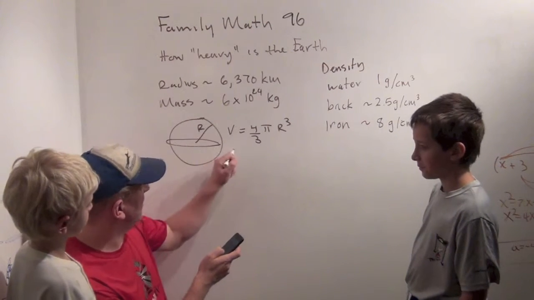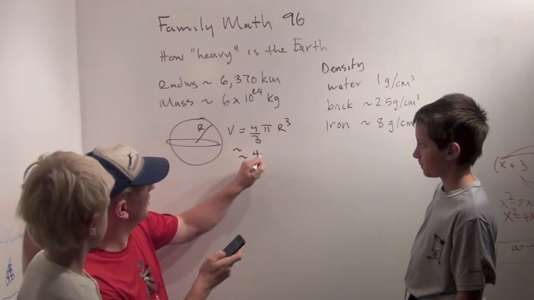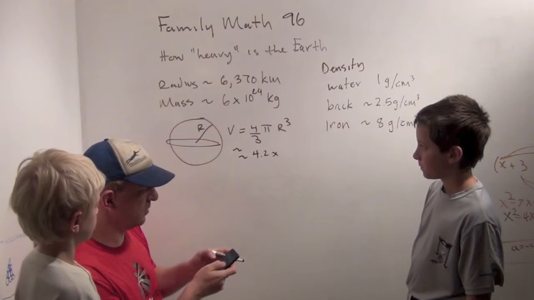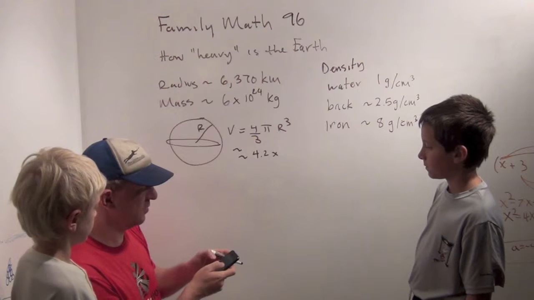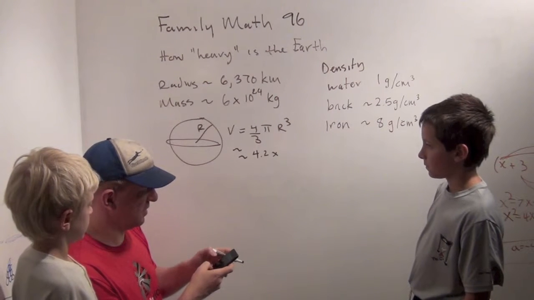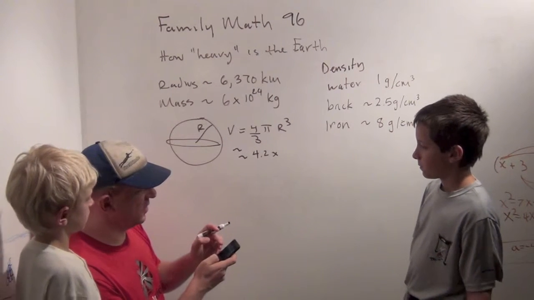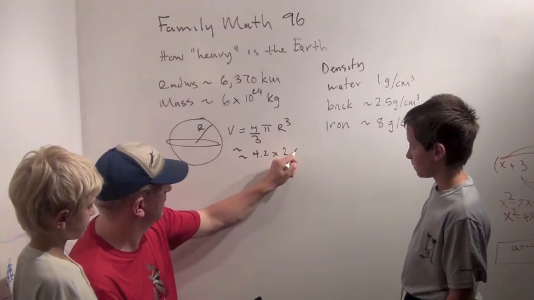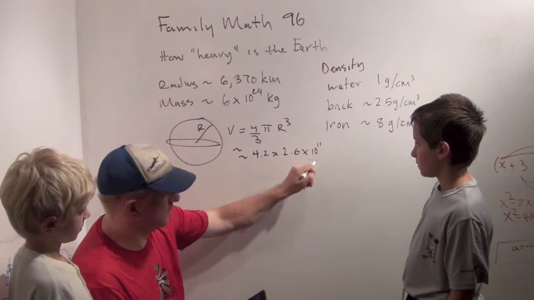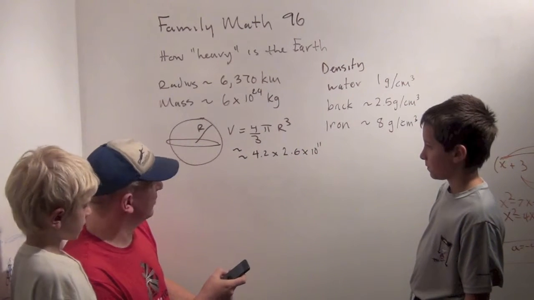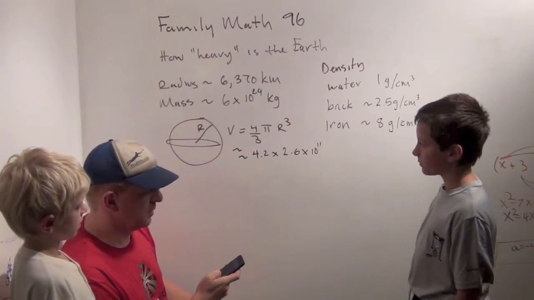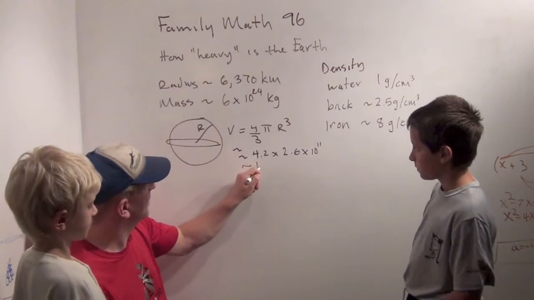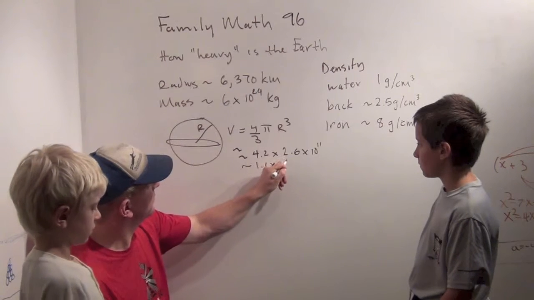Good. So this is about 4.2 times this cubed. 6370 times 6370 times 6370 equals, let's call it 2.6 times 10 to the 11th. Then I have to times that by 4.2, right? So that's about 1.1 times 10 to the 12th.